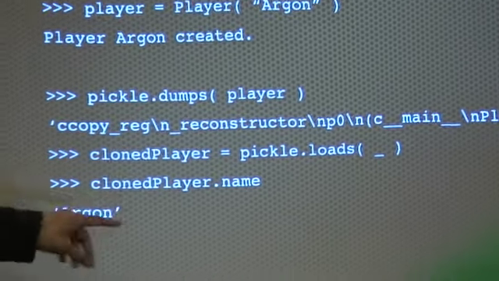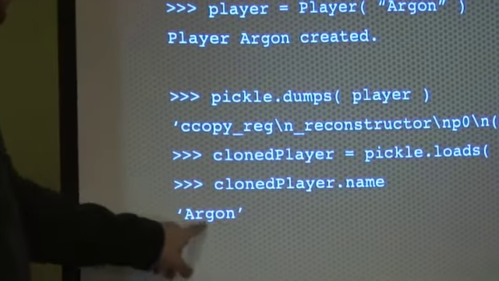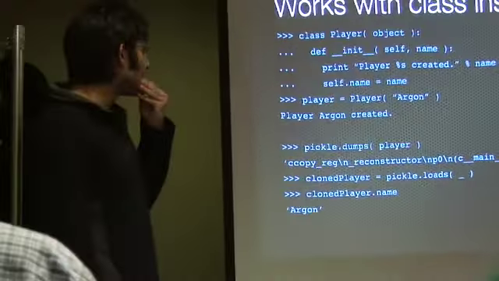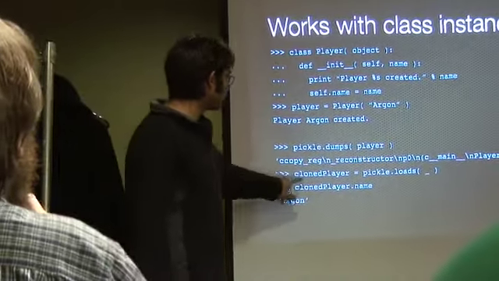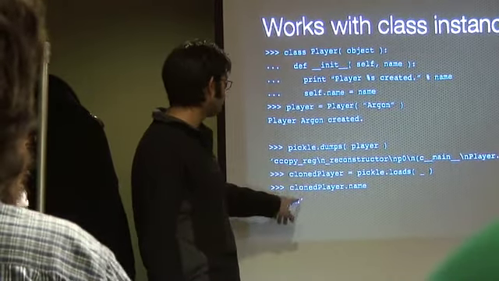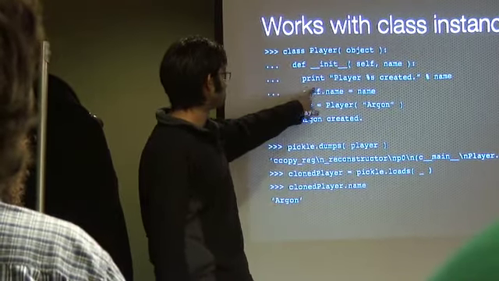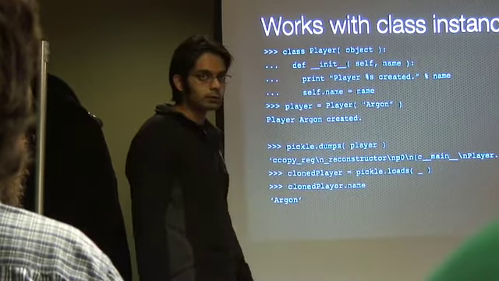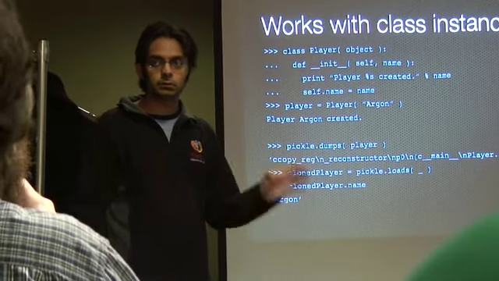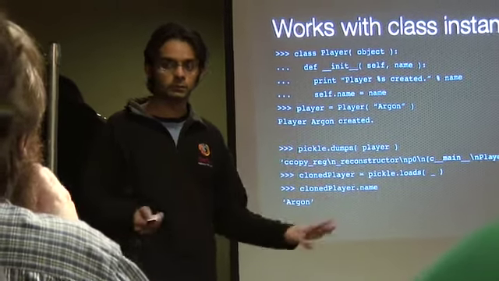And just as a proof of concept, we're saying, okay, clone player, what's your name? And it says Argon. Now, the really interesting thing here is that when it recreated the player, it didn't call the constructor, because it didn't print out player Argon created. That weirded me out when I first used this. It was like, what the heck is it actually doing under the covers there?